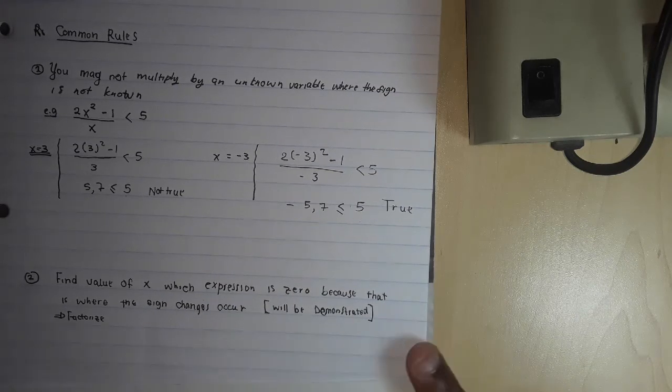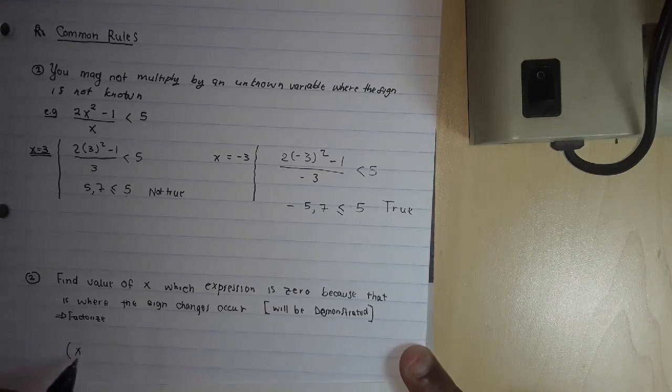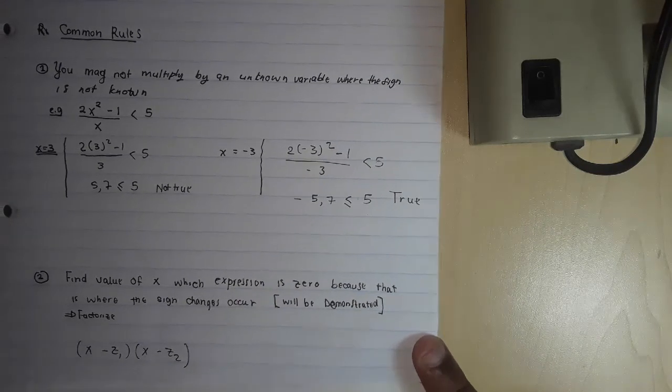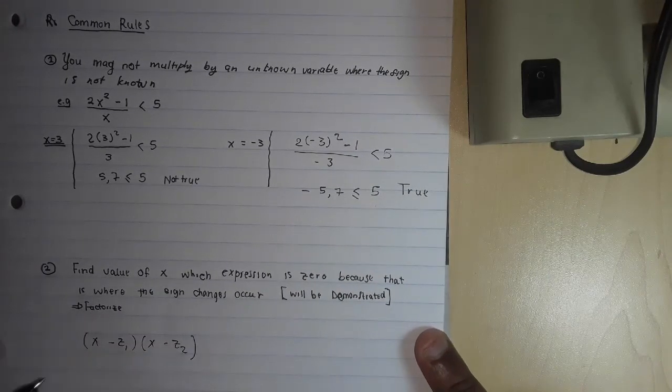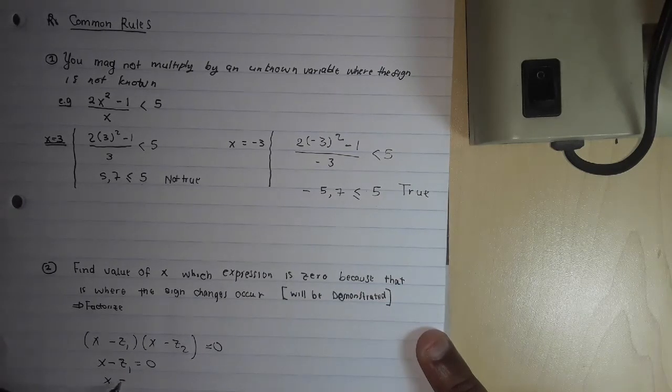If you remember, factorizing gives x minus z1, x minus z2. So this rule says that in order to solve inequalities, we need to factorize and solve for the values of x for which this will be 0.